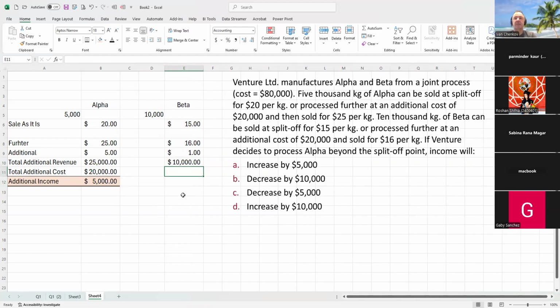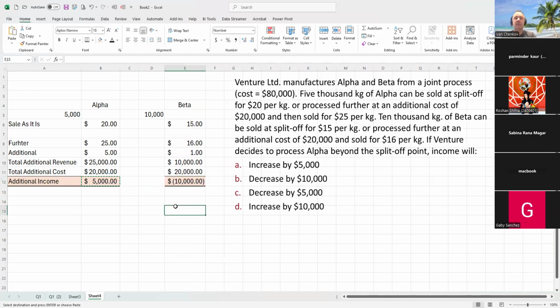How much do I have to spend? 20,000. Are you okay with that? No. Why? Because there's a loss. We're going to lose $10,000. So the question is, if the venture decides to process alpha beyond the split-off point, what's going to happen with the income?